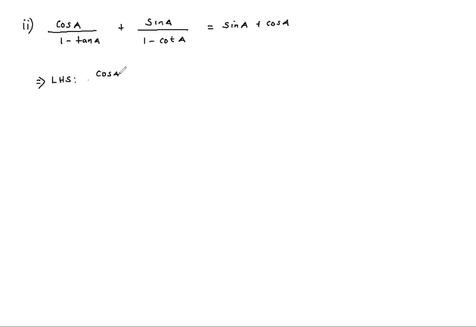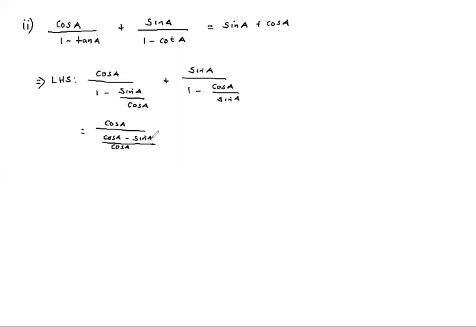So we have cos A over 1 minus sine A over cos A plus sine A over 1 minus cos A over sine A. Then the cos A remains there. Down here, the common denominator is cos A. And so we have cos A minus sine A.